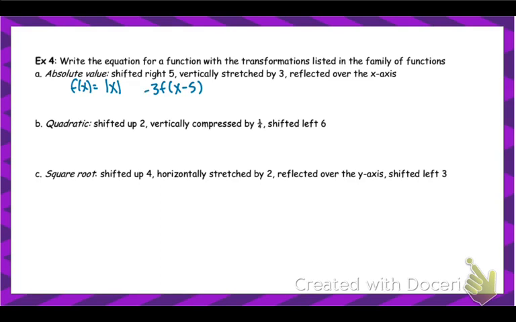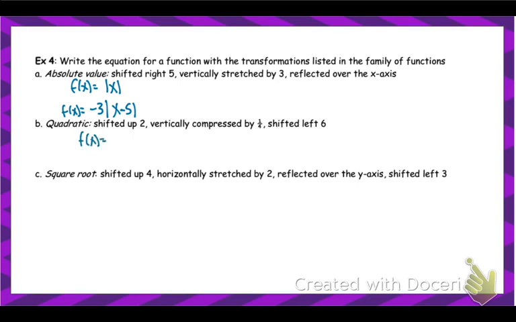So algebraically, that's what I'm doing to this function. So x gets replaced with x minus 5. The entire function gets multiplied by negative 3. So that is my transformed function. Now, later in the year, we'll talk more about order. But again, we're trying to get familiar with these transformations right now.